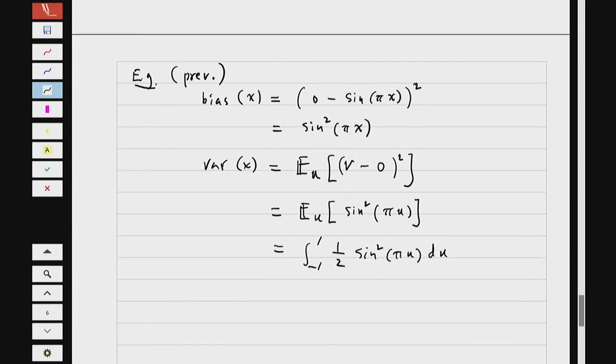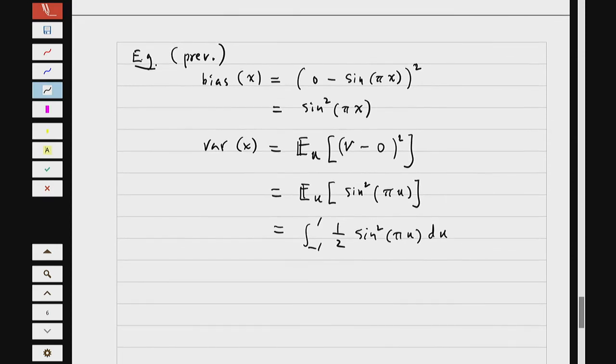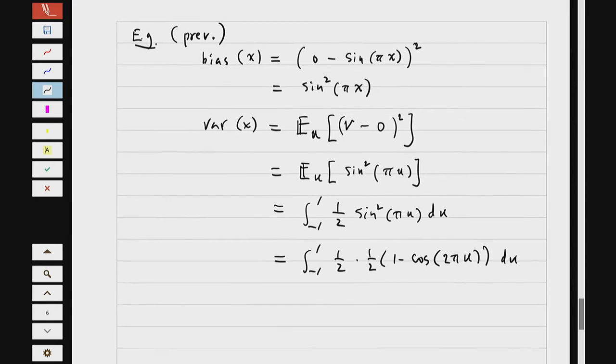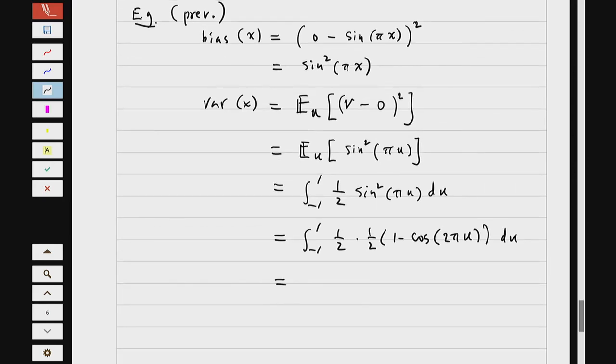How do you do that? Remember the trigonometry: sine squared is a half of 1 minus cosine 2 pi U. I want to make it into a linear form because for the cosine, when you integrate over 2 periods, you get 0. Therefore everything else remains, and you get 1 over 2.